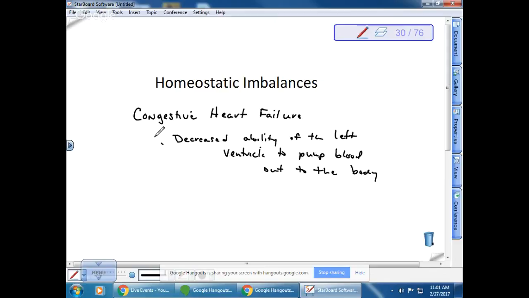So what they do for these people is they give them a ventricular assist, specifically a heart pump, which is called an LVAD. This is the left ventricular assist pump.